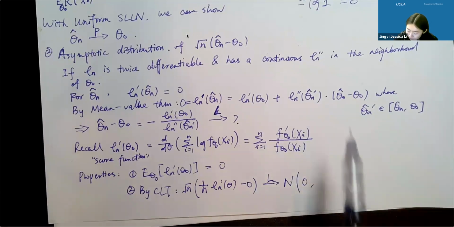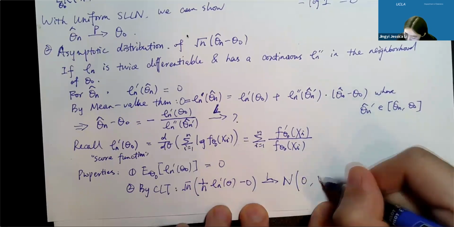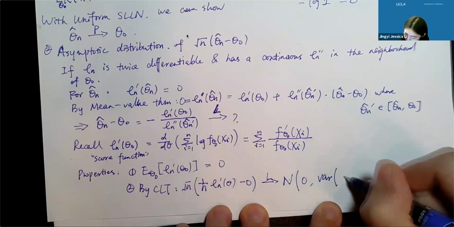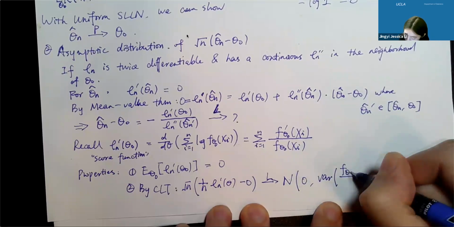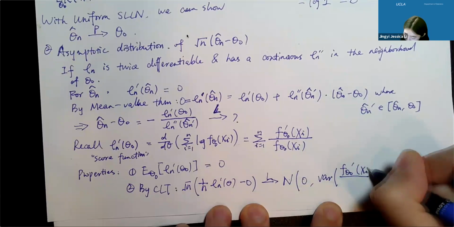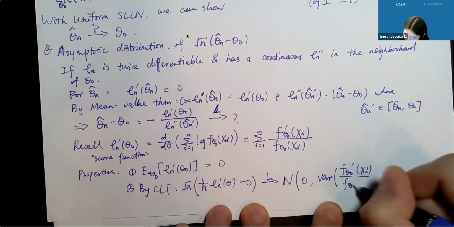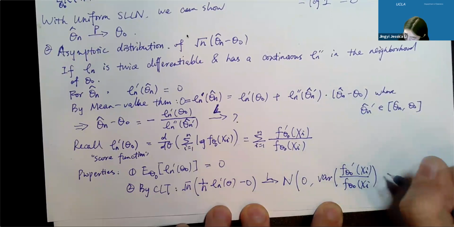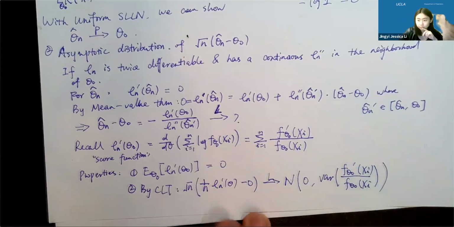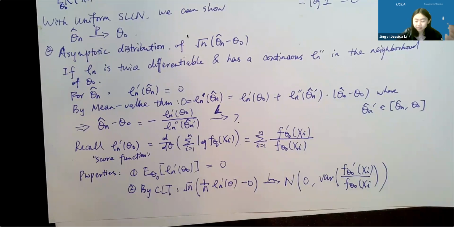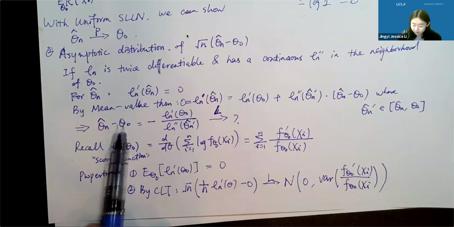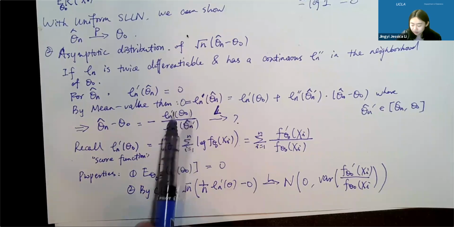The variance of this term, the variance of f theta 0 prime xi over f theta 0 xi. That's it. So I have this central limit theorem, which is very close to what I would need over here.